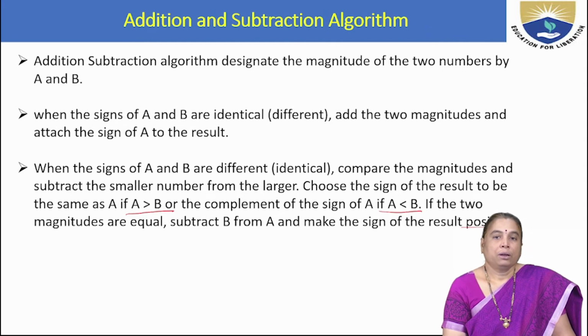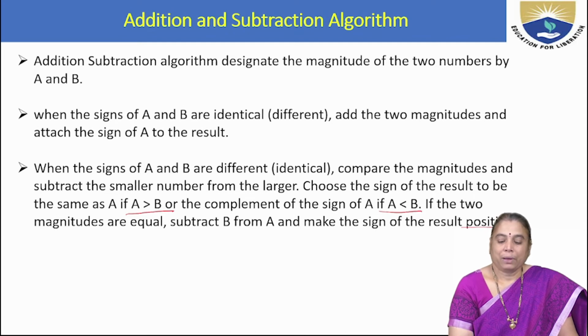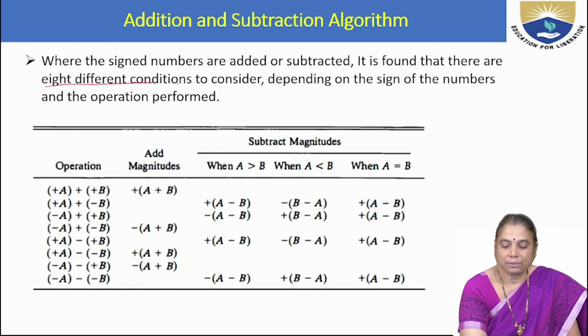So as in the decimal system, in binary numbers also, depending upon the sign, the corresponding addition or subtraction operation can be performed by comparing the magnitudes of the two numbers involved. Where signed numbers are added and subtracted, there are 8 different conditions to be considered.